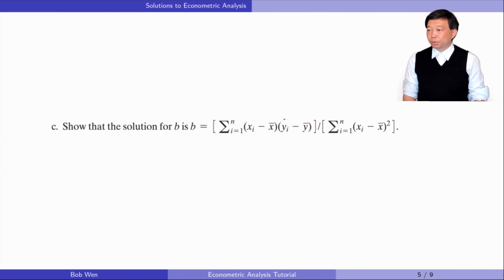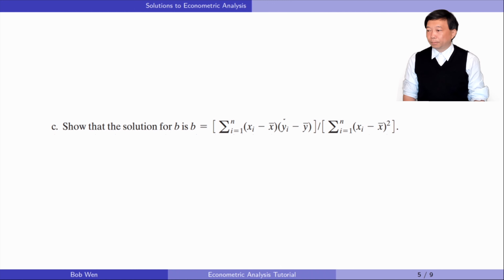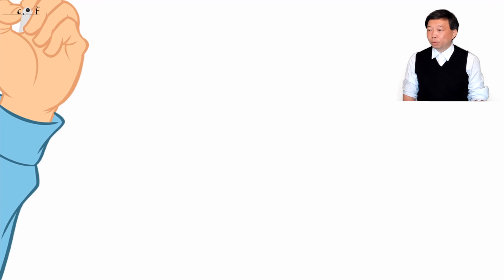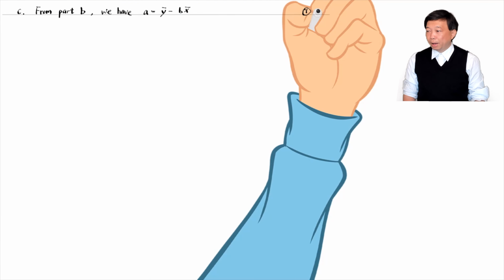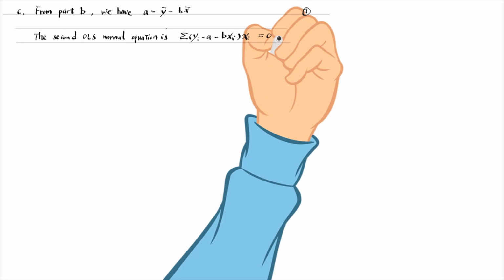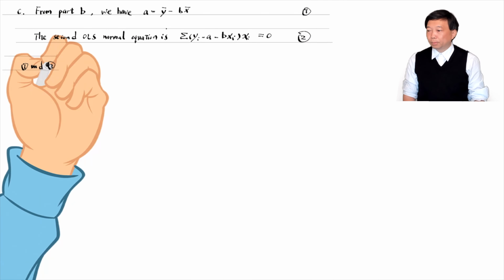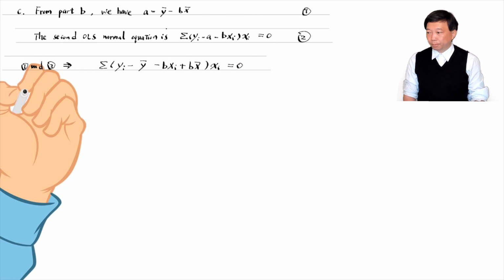Let's find answers to part C. From part B, we have equation 1. From part A, we have the second normal equation, equation 2. Combining these two equations leads to equation 3.